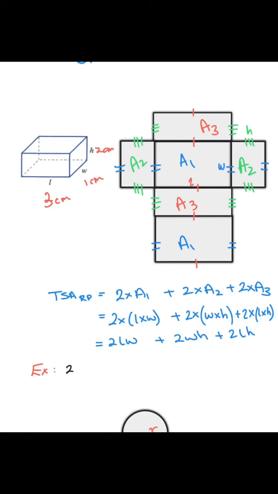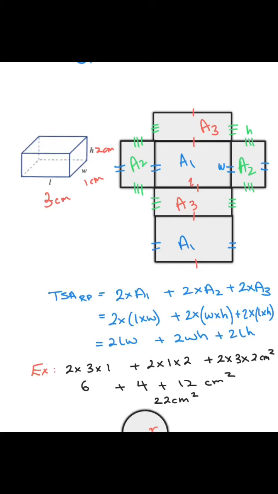I have 2 times my length, which is 3, times my width, which is 1, plus 2 times my width, which is 1, times my height, which is 2, plus 2 times my length, which is 3, and my height, which is 2, and it's centimetres squared because we're dealing with area. So 2 times 3 is 6, I have 4 over here, and I have 12 over here, centimetres squared. So 6 plus 4 plus 12 gives me 22 centimetres squared. That's my total surface area.